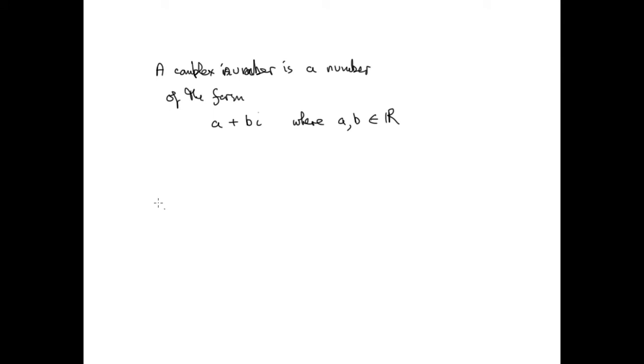Now, the equation that I gave you originally, x squared minus 2x plus 5 equals 0, should therefore be satisfied by two values of x, 1 plus 2i and 1 minus 2i. So these complex numbers should satisfy this equation. Now, shortly we'll have a look and see if that's true or not.